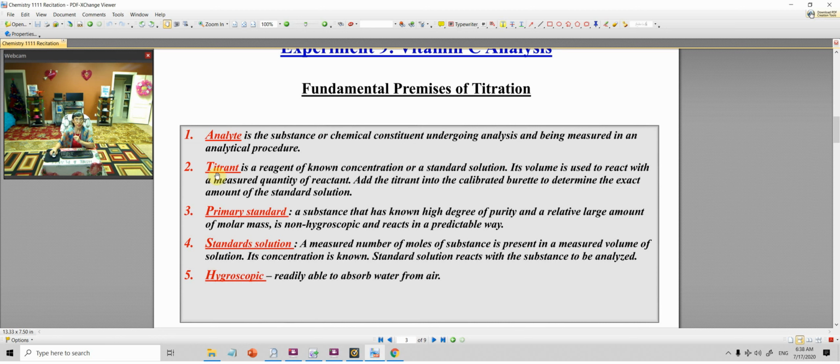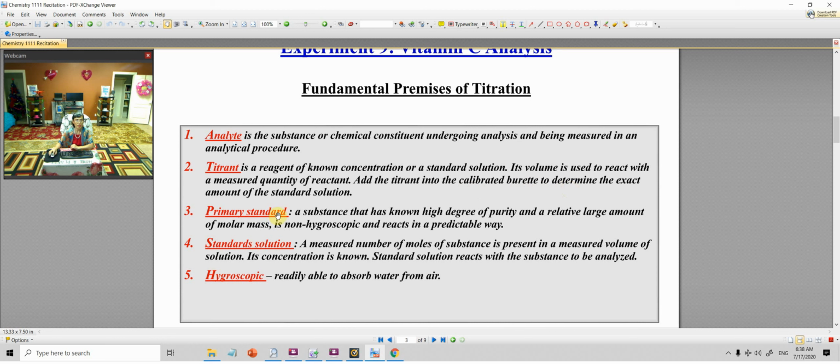Your titrant is also known as the standard, whose concentration you know. The volume of the standard solution is used to react with the measured quantity of your unknown sample analyte, adding the titrant from your calibrated burette to determine the exact amount of your standard solution.